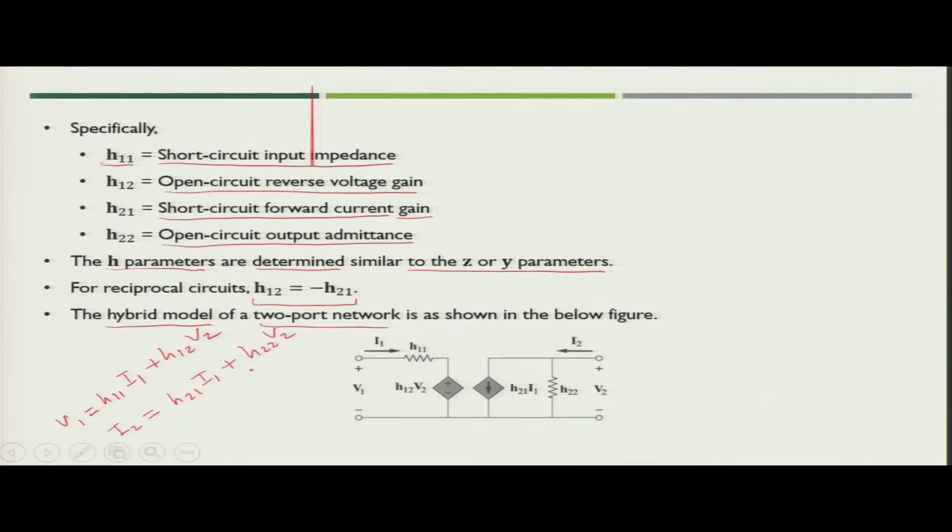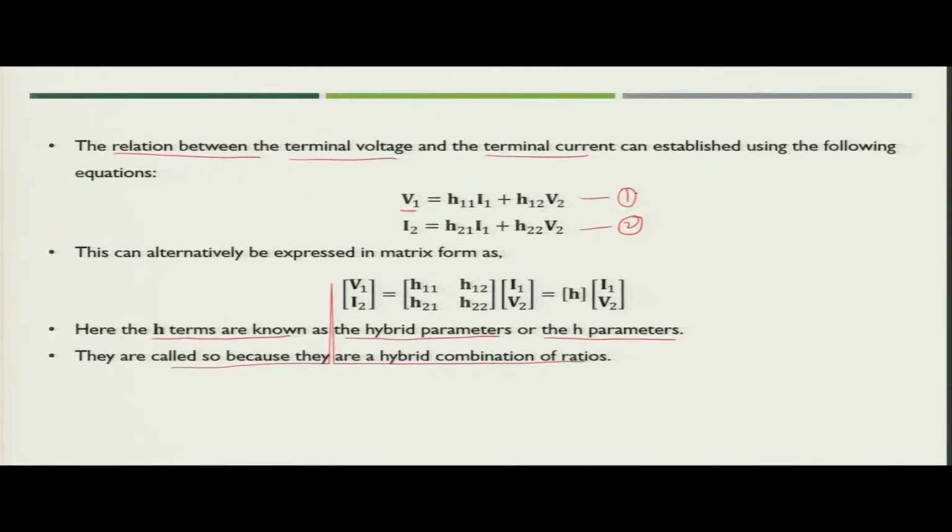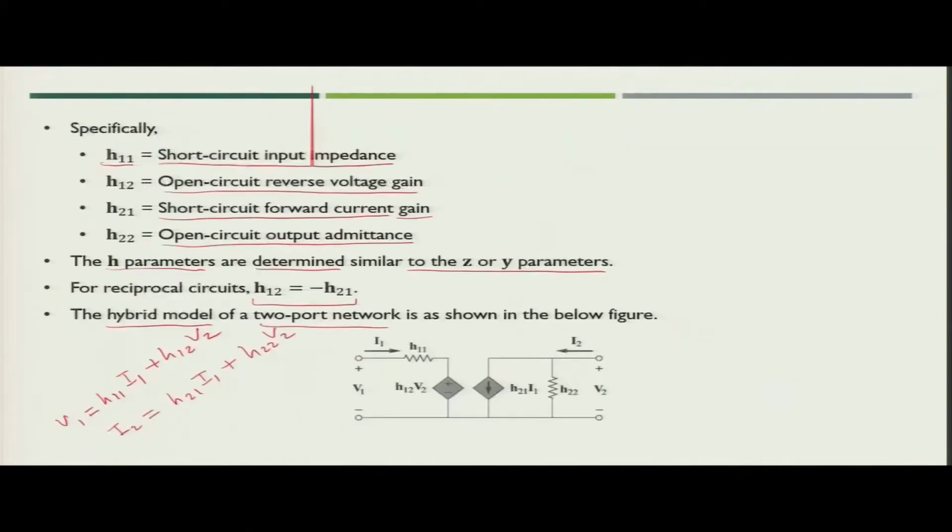So these two are the same equations which we represented initially to define the H parameters. So the same equations you can utilize to draw the hybrid model of a two port network. So this will be your equivalent H parameter circuit for a particular network.